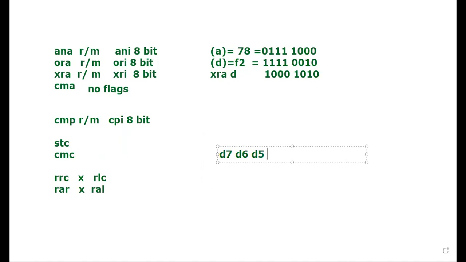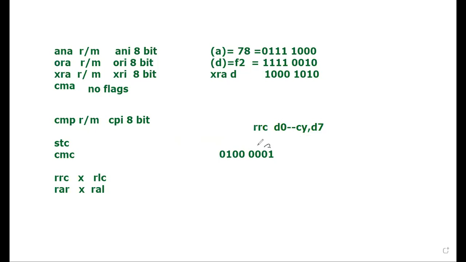Okay, so suppose the content of the accumulator is 0 1 0 0 0 0 0 1. In this case, if you see, what will happen with RRC? With RRC, the D0 bit will affect the carry as well as it will affect D7. It rotates. That means every bit will be shifted towards the right position.